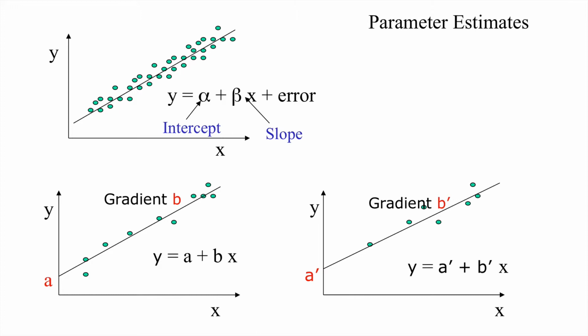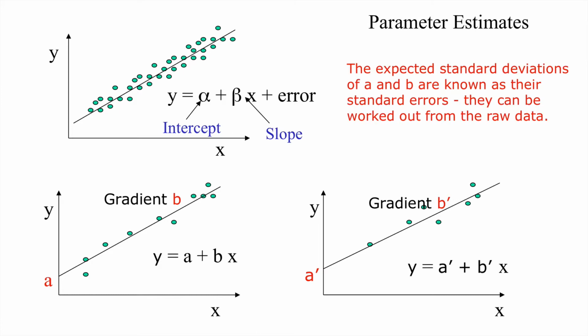It turns out that statistically we can estimate the expected standard deviation of our values A and B, and they're known as the standard errors. That is, we can put a degree of uncertainty into our estimates of A and B based on the strength of the relationship and the variability in the data themselves.